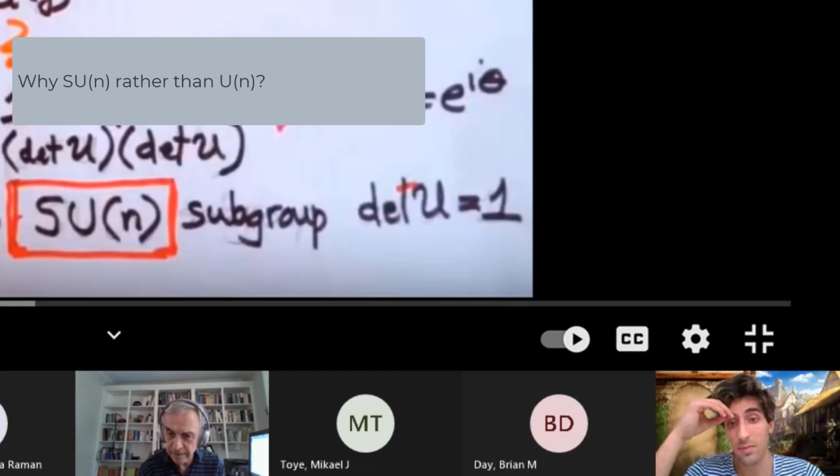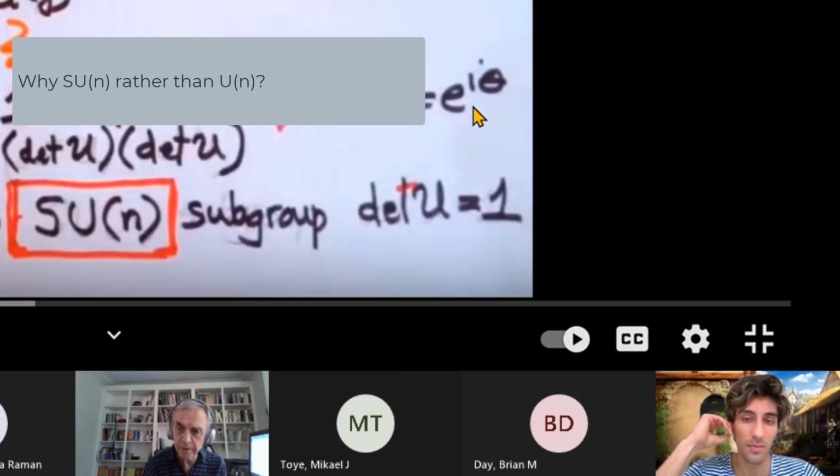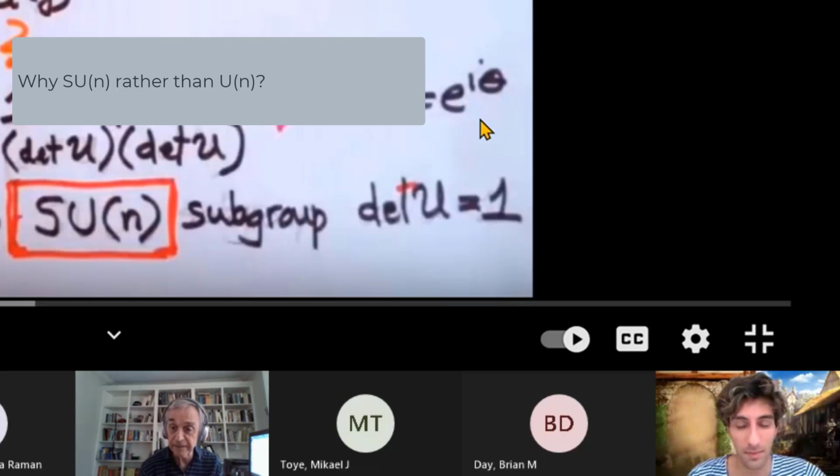And we found that the determinant of U has a unit phase, e to the i theta, but it could be any phase. So what you can do is fix that phase to be exactly 1.